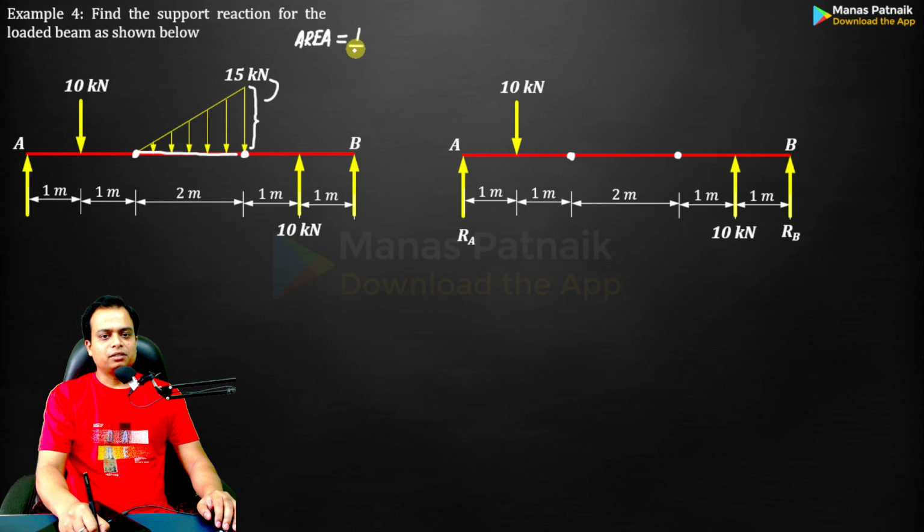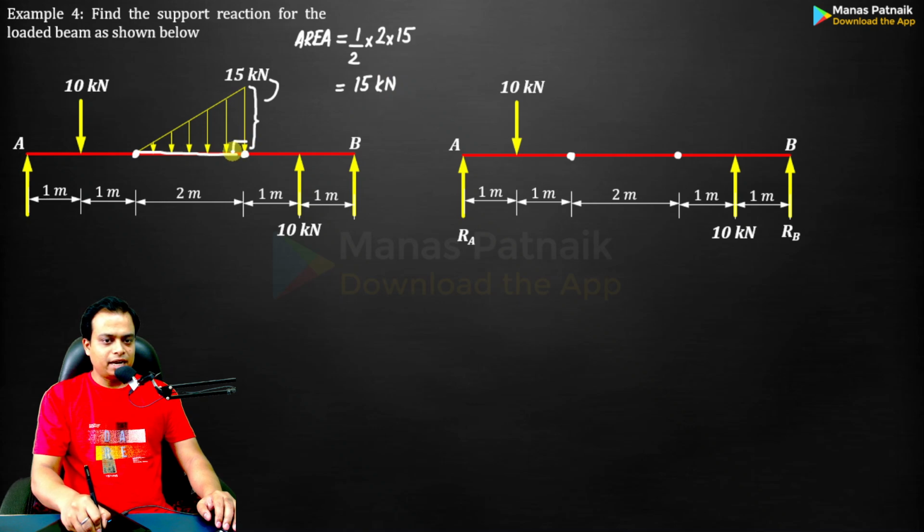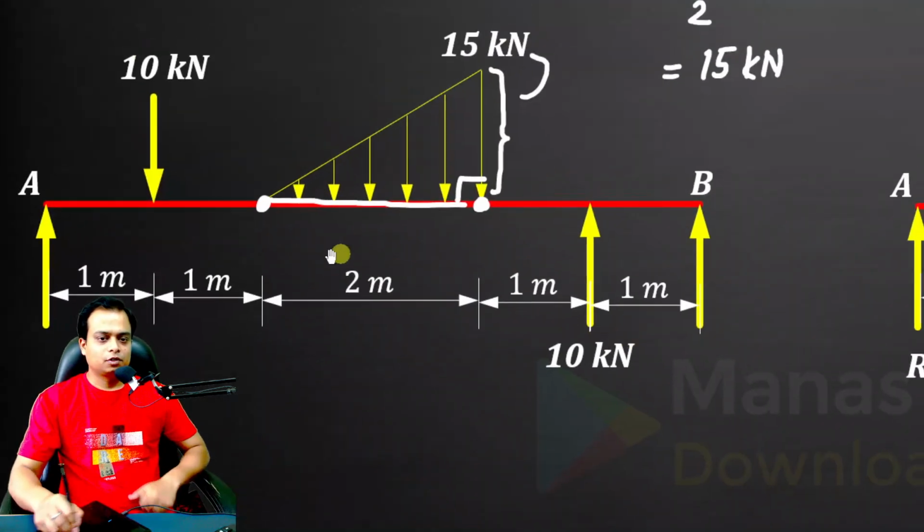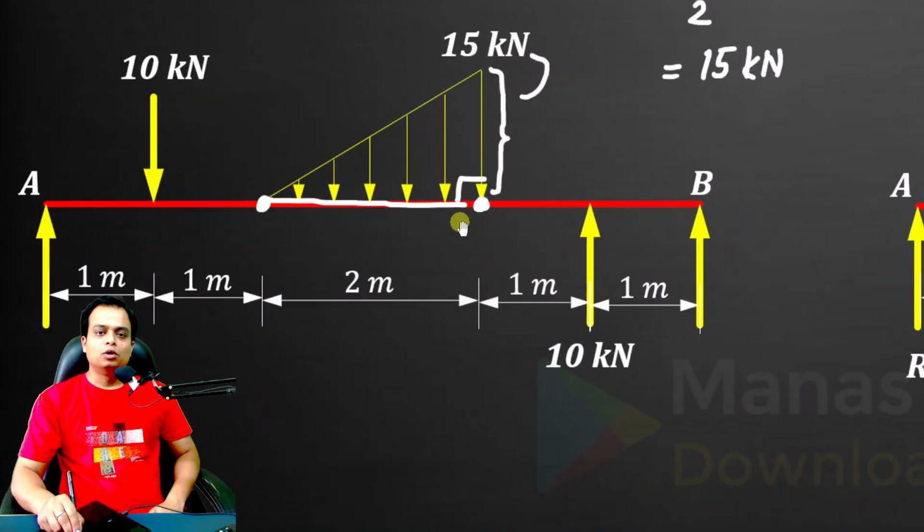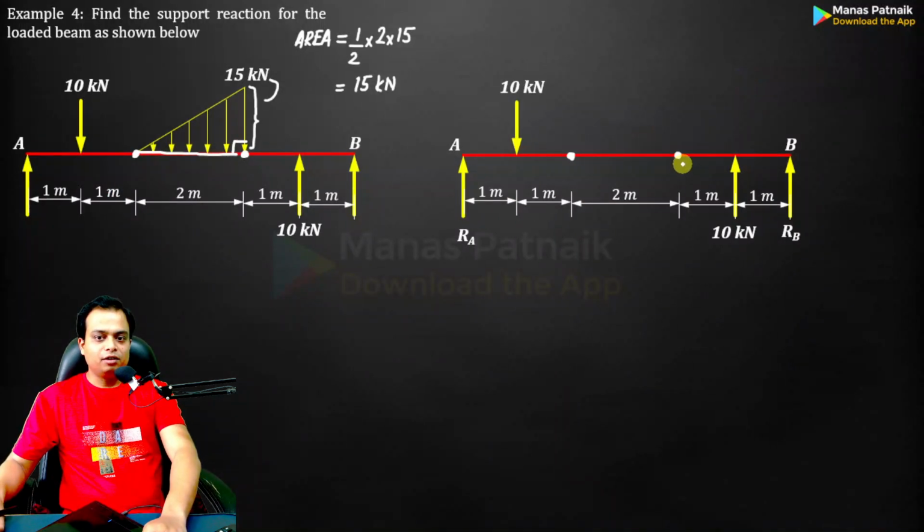So half of base is 2 and height is 15. Just do the math. This is going to work out as 15 kilonewtons. Lovely. And this is the 90-degree angle, sir. What is the span? Sir, the span is 2. That means 2 by 3 from this spot. 2 by 3 from here. 15 kilonewton. 2 by 3 from here.